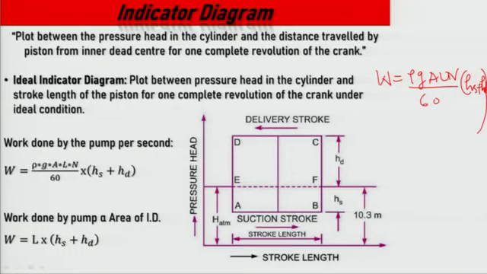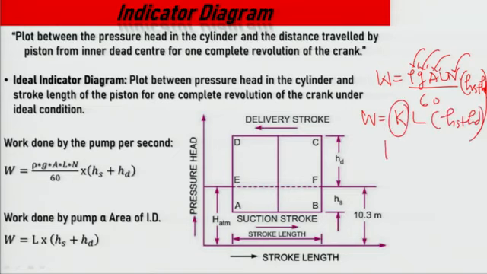In most cases, the work done equals a constant k times L into Hs plus Hd, where k equals rho g A N upon 60, because these are not the variables.